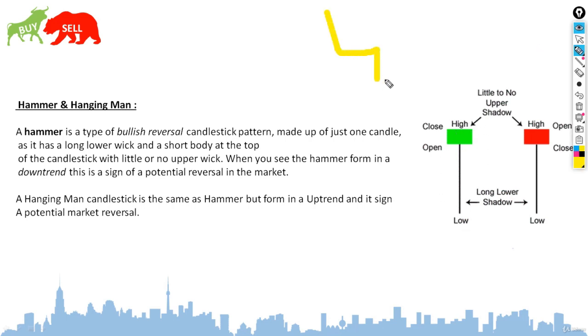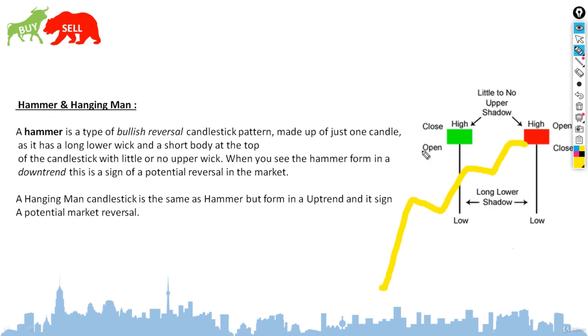So we name it a hammer if we find this candlestick in a downtrend. For example, we have here a downtrend. At the bottom of a trend, we see this candlestick. We name that candlestick a hammer. It often signals a potential trend reversal, like this. The hanging man is the same candle, like this. Generally we find a hanging man in an uptrend, at the top of an uptrend.